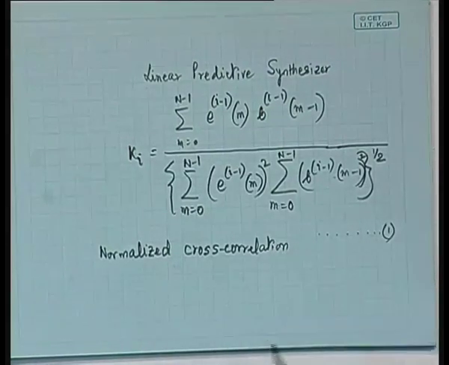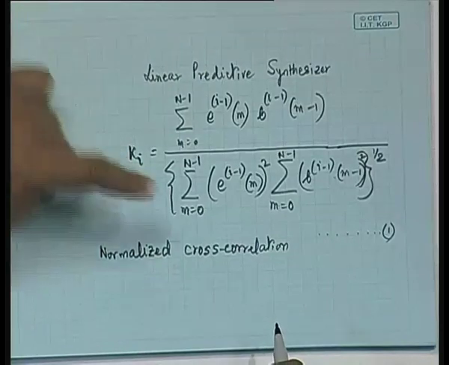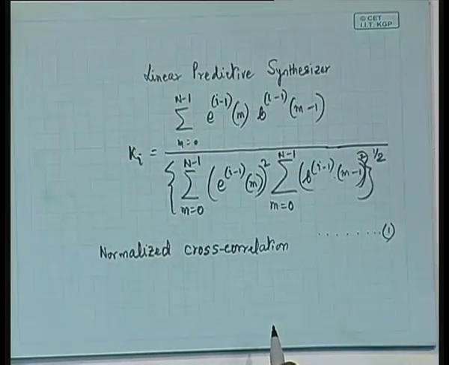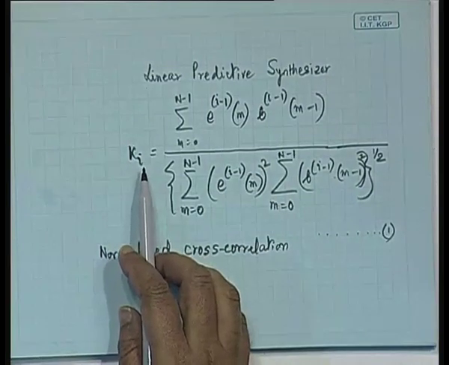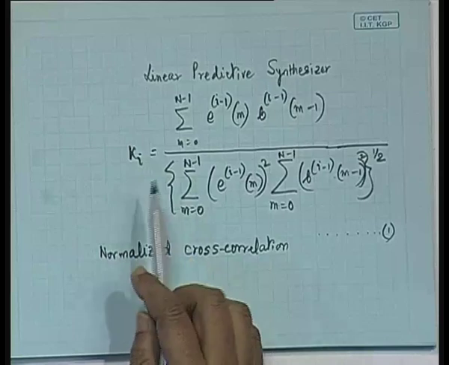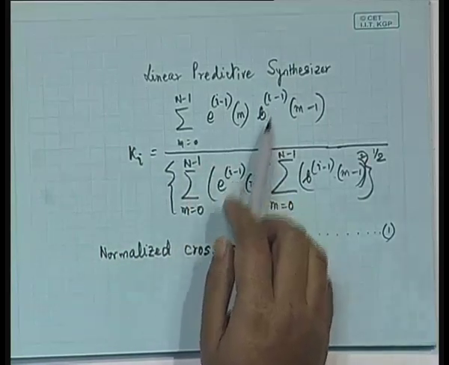Okay, and in fact the Ki's look like this, because they are expressed in terms of this correlation; these are referred to as the partial correlation coefficients. You see that if I have K1 from here, in that case I will be needing E0 and B0.